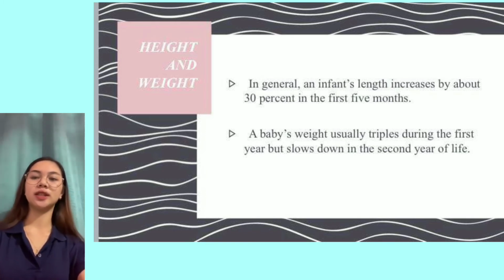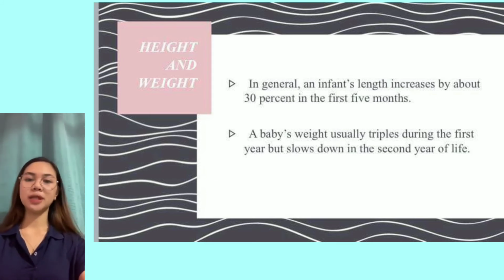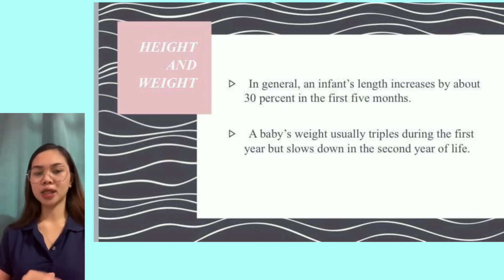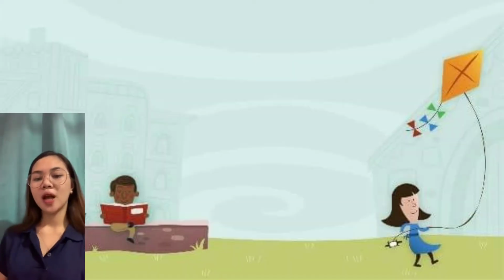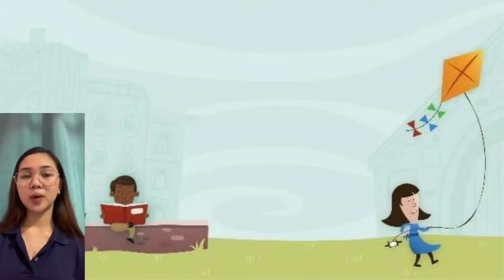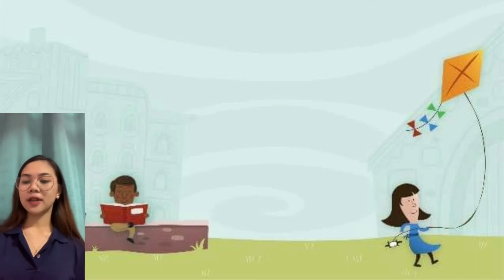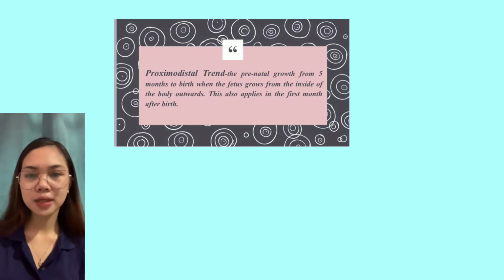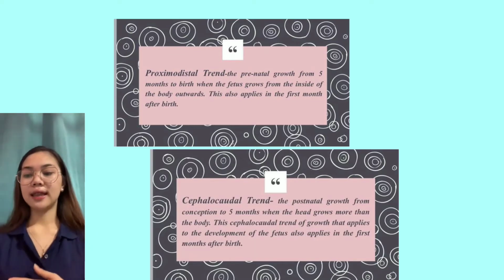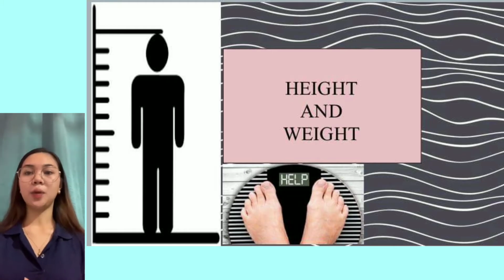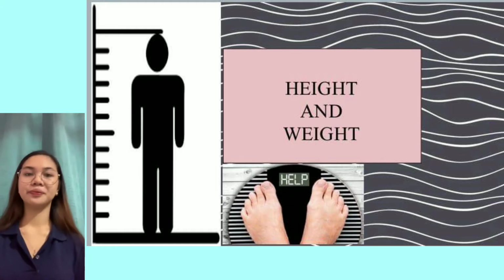So it is not a cause for alarm if there are low percentages, when the weight of babies goes down. Okay, so I hope that you understand everything that I have told you about the proximodistal trend and the cephalocaudal trend, and about the height and weight of the baby.